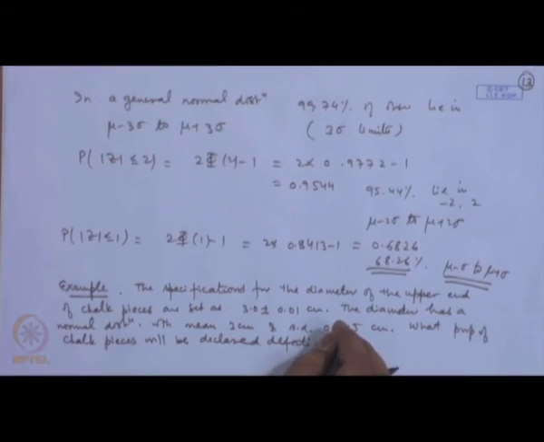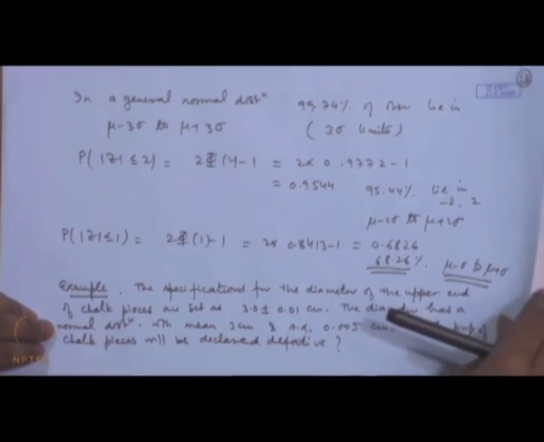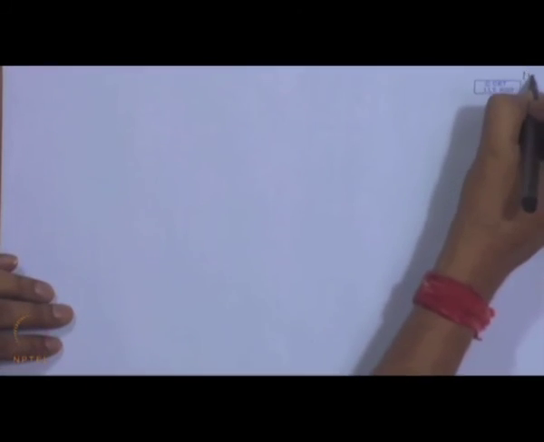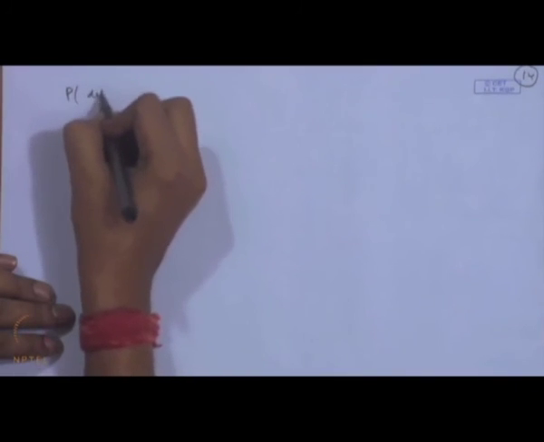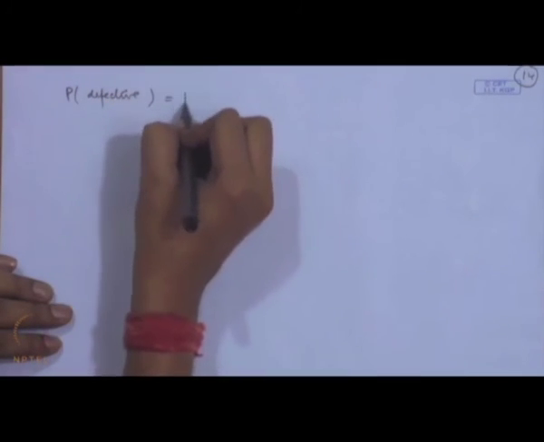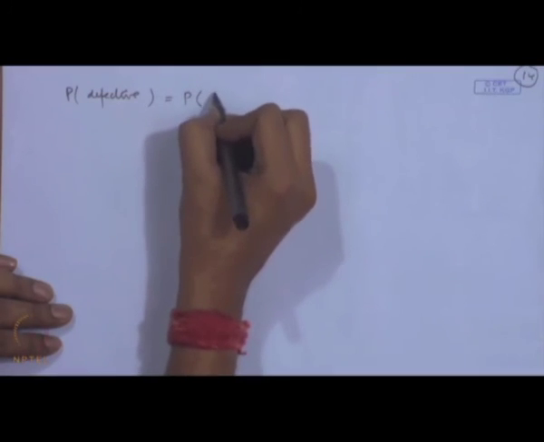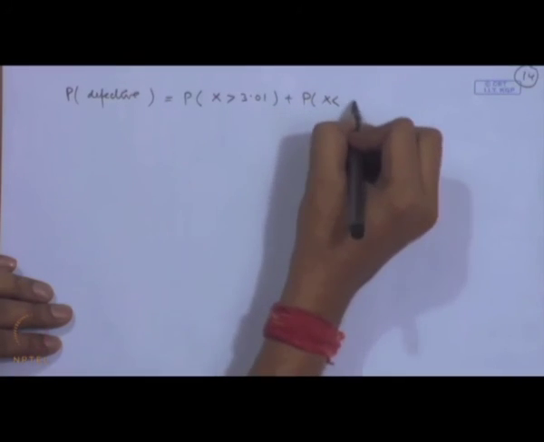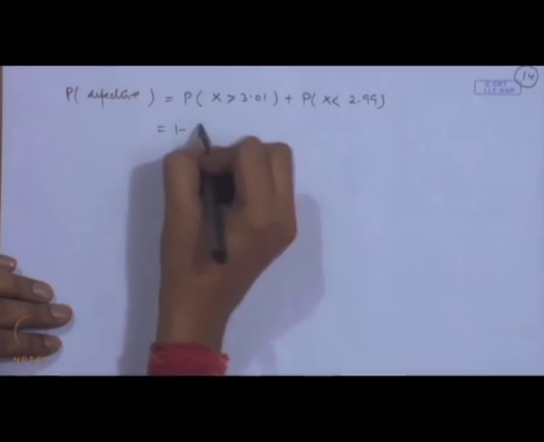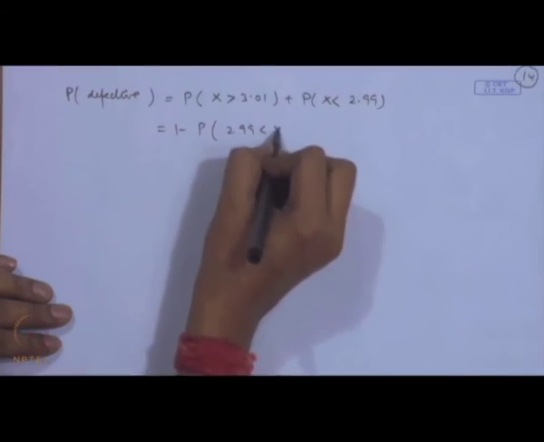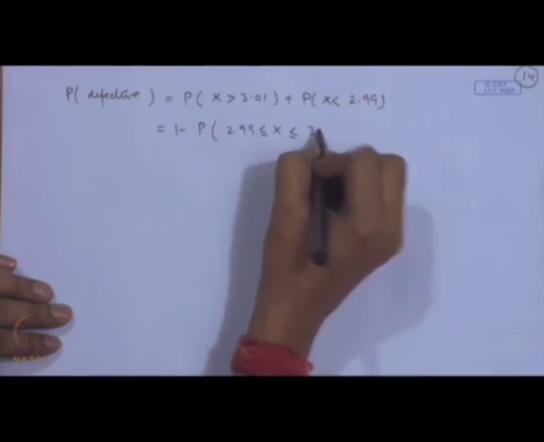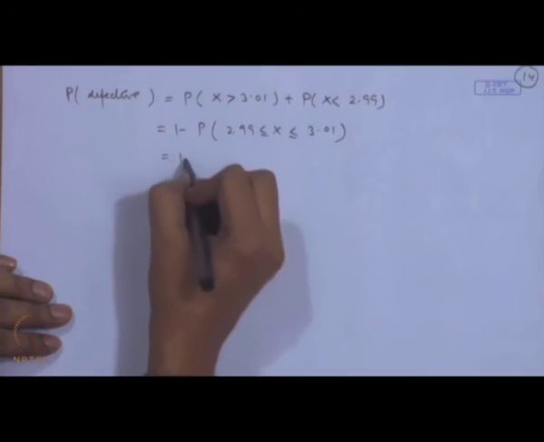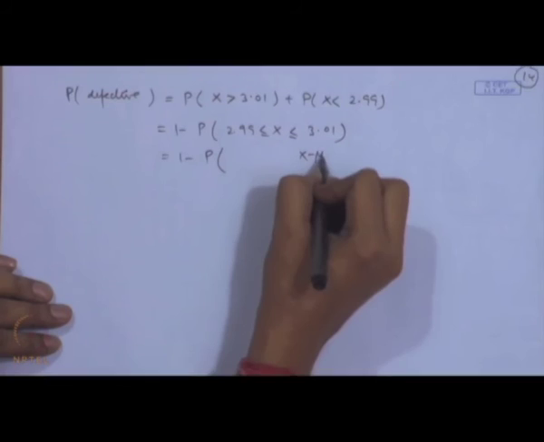So, the proportion that will be declared defective will be given by the probability that x is greater than 3.01 or x is less than 2.99, that is 1 minus probability 2.99 less than x less than 3.01. Now, this you can shift to standard normal.